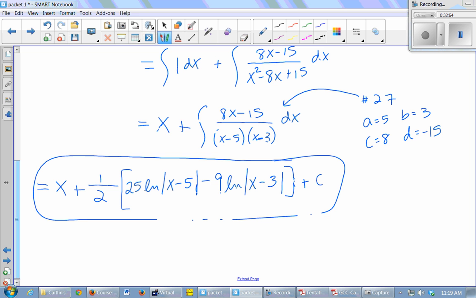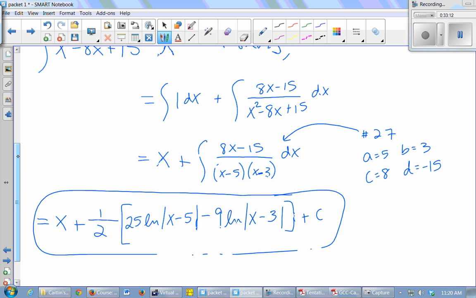So the key there to being able to apply formulas from the table was the division. Right? The degree of the numerator and the degree of the denominator were the same. Anytime the degree of the numerator is the same or bigger, do a division, and that will leave you with something easy to integrate plus something you can use the table to integrate.